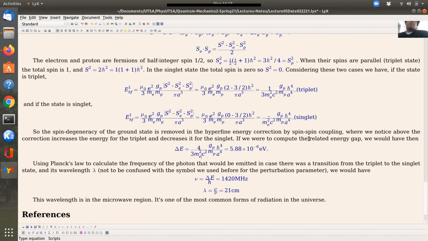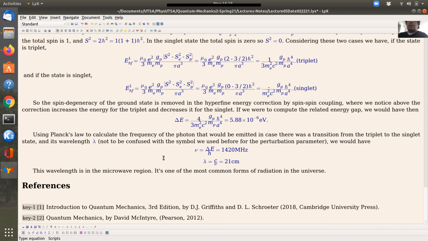Now, when you have jumps of this type, of course, there is some energy in the form of an electromagnetic wave emitted. If you use Planck's law to calculate the frequency of the photon, first we calculate the angular frequency, then the frequency, and then the wavelength.